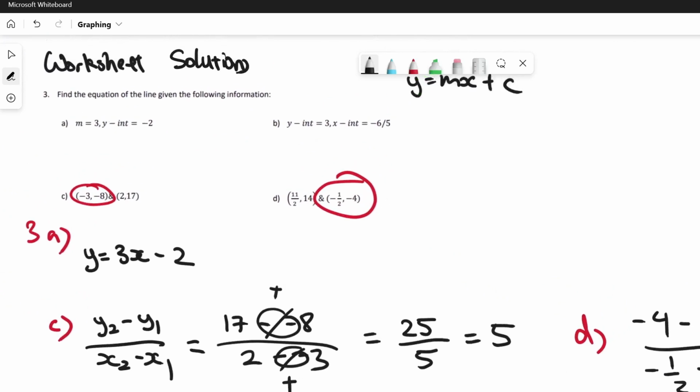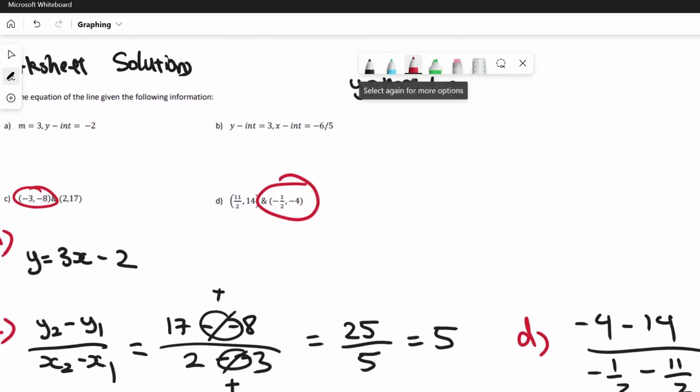And going back to B, the reason why I did this one last is because this one's a bit different to what we've gone through before. Instead, if you didn't realize, it actually gives you 2 points, the y-intercept and the x-intercept.